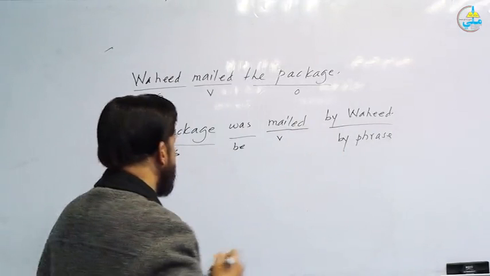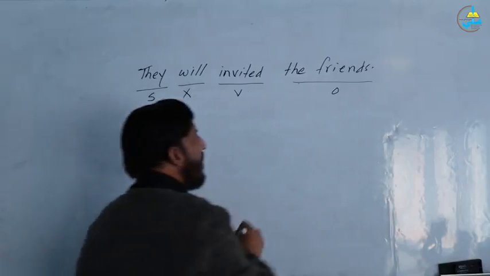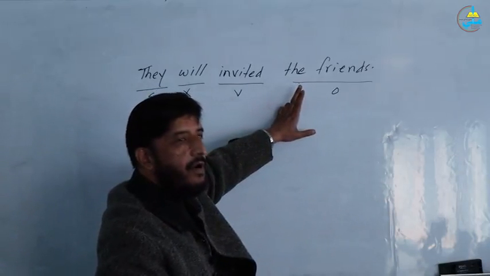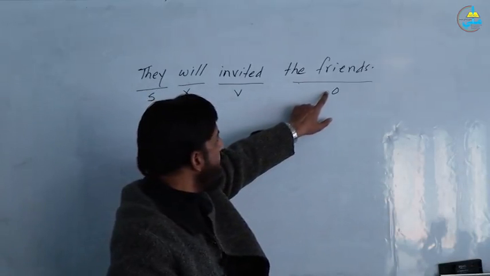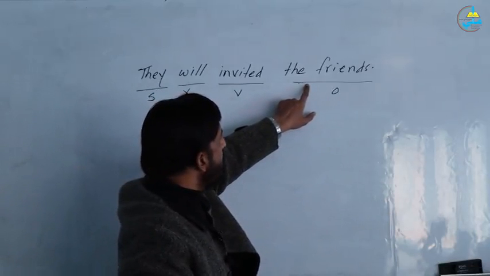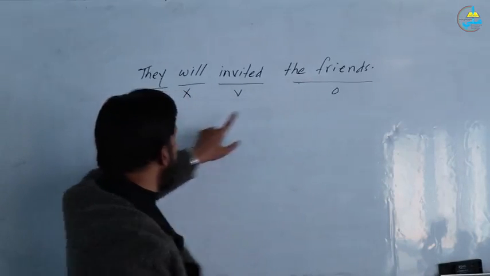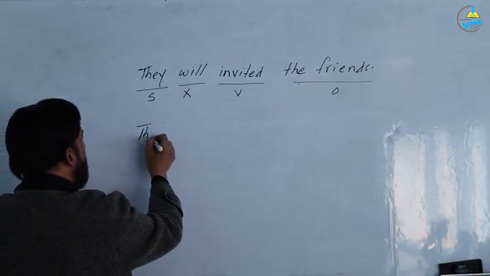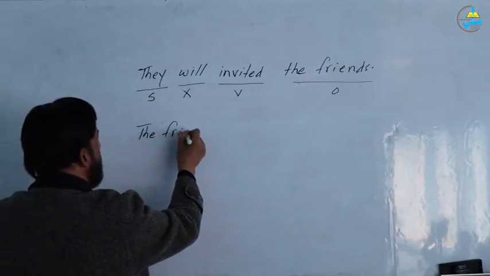They is the subject, will is the helping verb, invite is the main verb, and the friends is the object. Since this sentence has an object, we can change it to passive. First of all, we bring the friends, the object, to the front of the passive sentence. The friends.